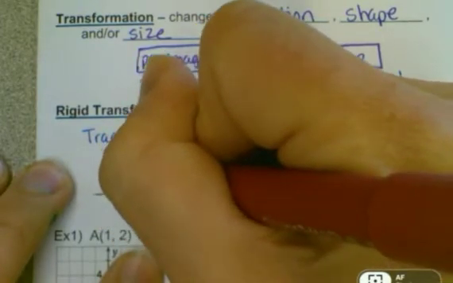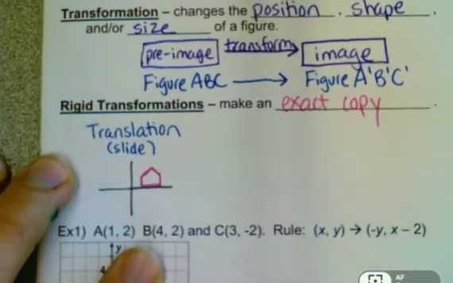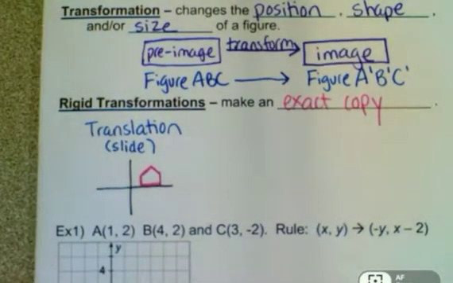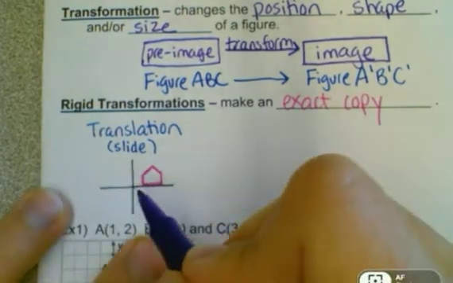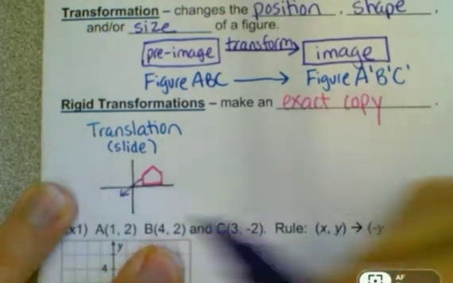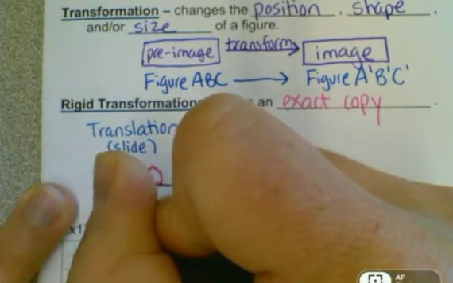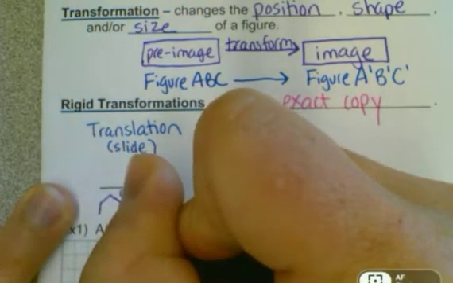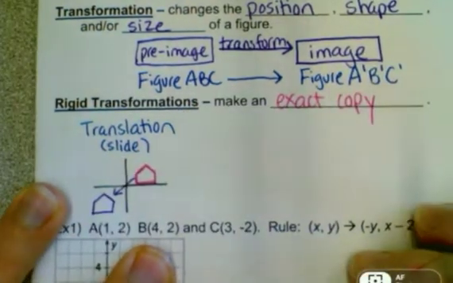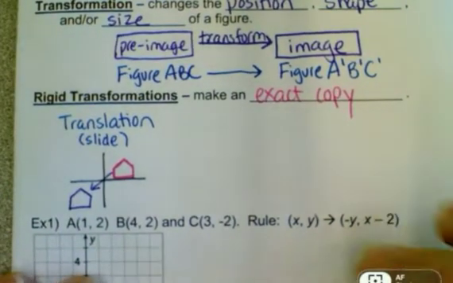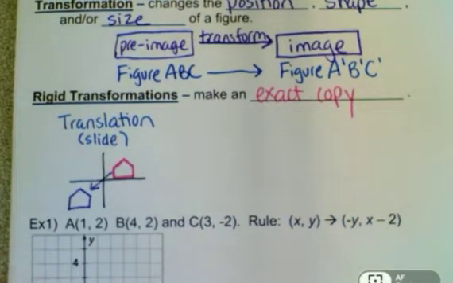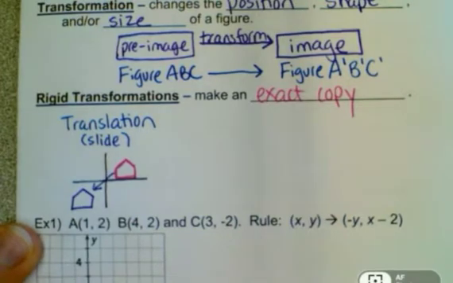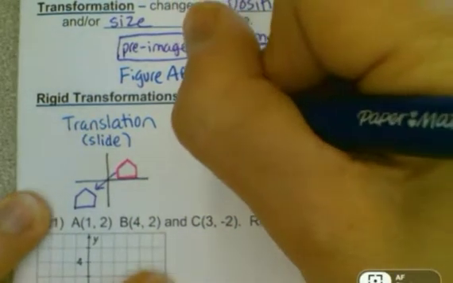Okay, there's a little house, pentagon. And if I translate that, I'm just going to slide it somewhere new. So we could slide it up or down or whatever. Maybe I'll slide this one like so along that vector. And it would give me another house the exact same size and shape, just somewhere different on the graph. So that's a translation. We might also see a rotation.